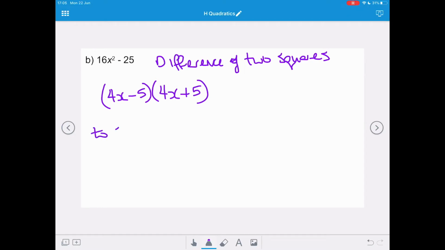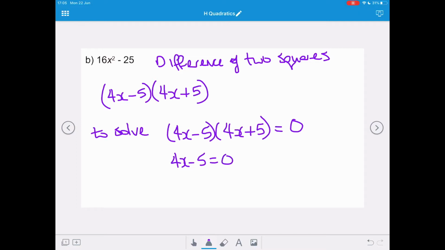Now to solve, we need to equate that to 0. So we're going to get (4x minus 5)(4x plus 5) equal to 0. And then we're going to equate each bracket. So 4x minus 5 equals 0, or 4x plus 5 equals 0. And then we need to rearrange, so we get x equals 5 over 4, or x equals negative 5 over 4.